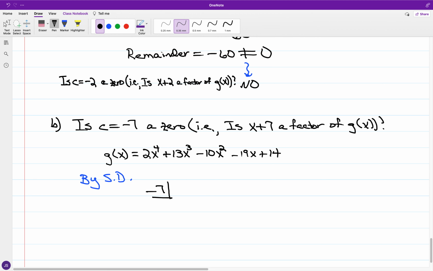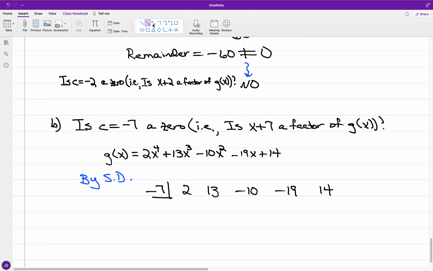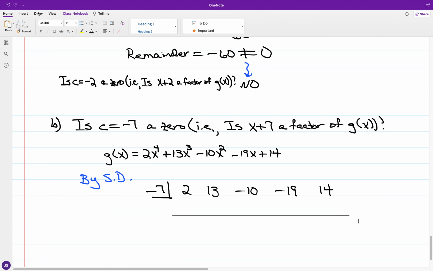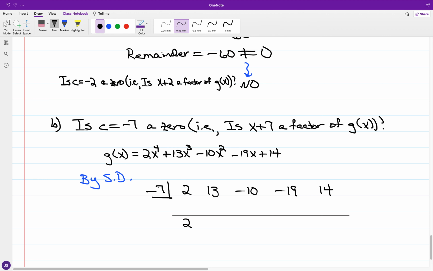So I got negative 7 as a 0 of the divisor. Now for the dividend, I got 2 for x to the 4th, 13 for x cubed, negative 10 for x squared, negative 19 for x, and then we have 14 for the constant. And setting things up here, if I bring down the 2, now we got negative 7 times 2 is negative 14. 13 plus negative 14 is negative 1.